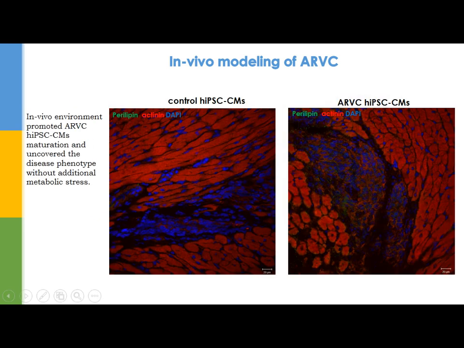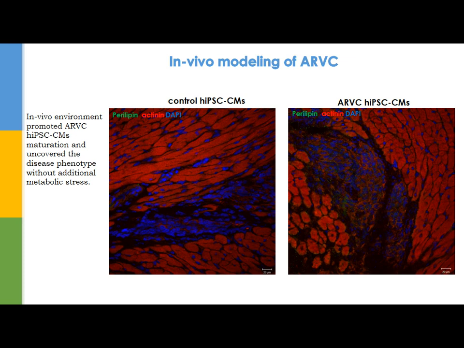And when we assessed for lipid droplet accumulation, you can see here the ARVC cardiomyocytes and the control cardiomyocytes. Actually, the in vivo environment promoted the cardiomyocyte maturation and uncovered the disease phenotypes. And you can note here the positive immunostaining for perilipin, the marker of lipid droplet accumulation. So we can use this model to model ARVC without an additional metabolic stress.